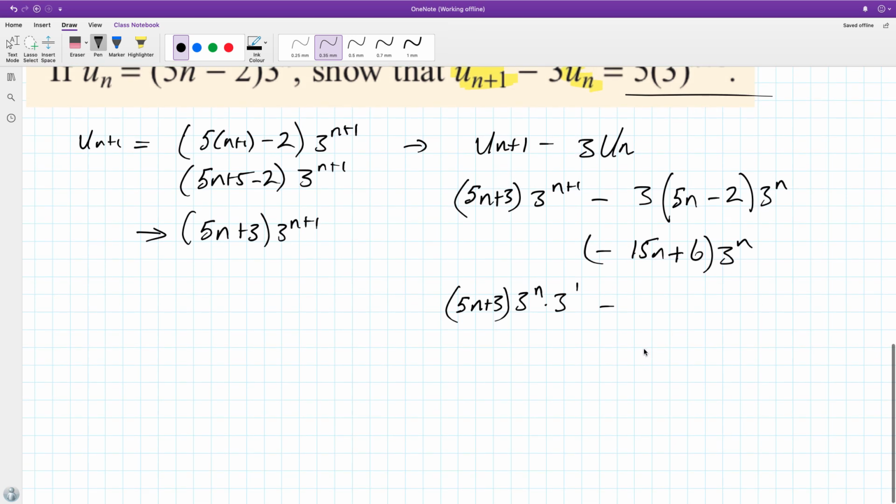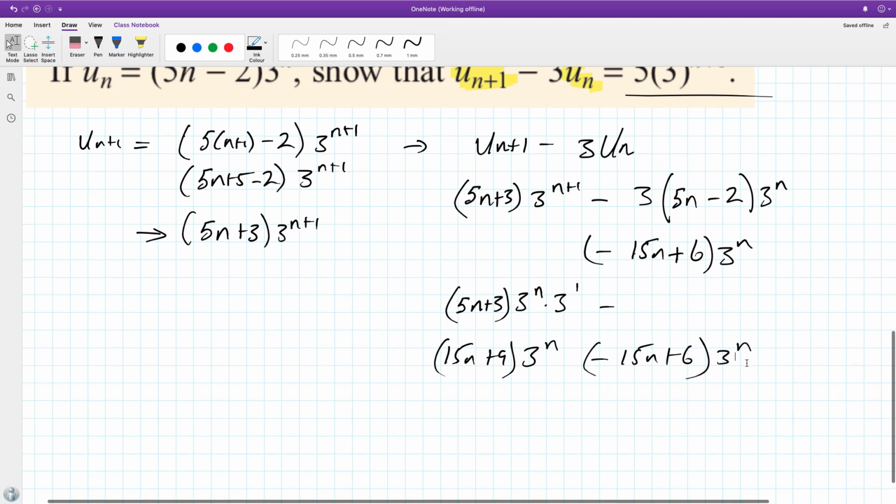Yep. So you're going to say the 15n plus 9 by 3 to the power of n, minus 15n plus 6 by 3 to the power of n. Right, what do we want to be left with?